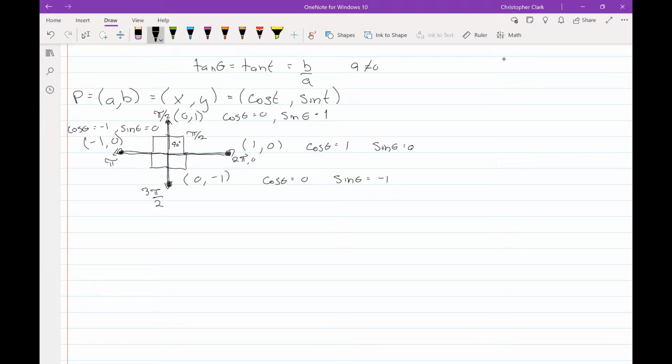So that's going to be okay. So this means that the domain of sine and cosine is all real numbers. I'm actually going to put this superscript R, which means all real numbers.